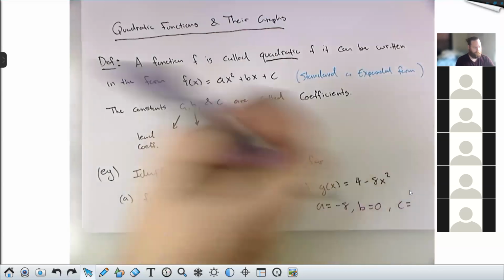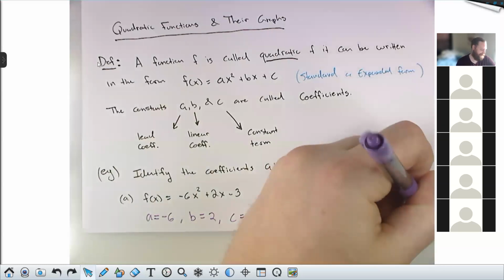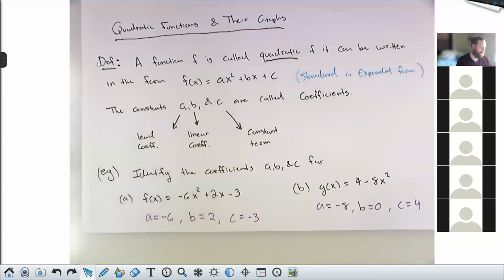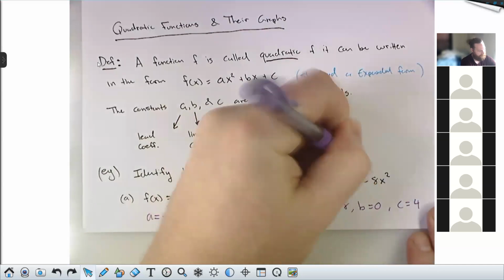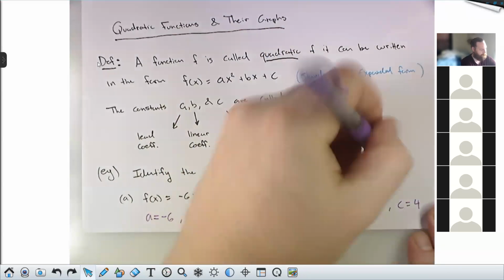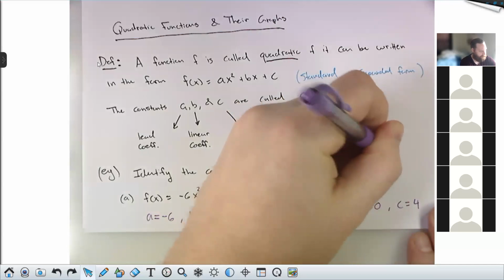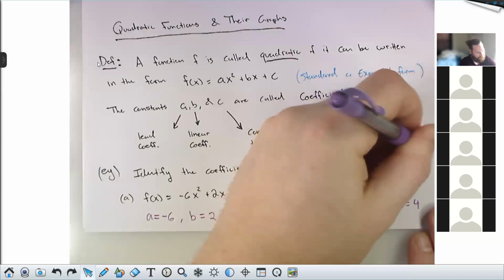And I was thinking we'd have to come back to that one. Okay, what is C? Thank you, Haley. C is 4. Okay, a quick little note. This could be written as g of x equals -8x squared plus 0x plus 4.